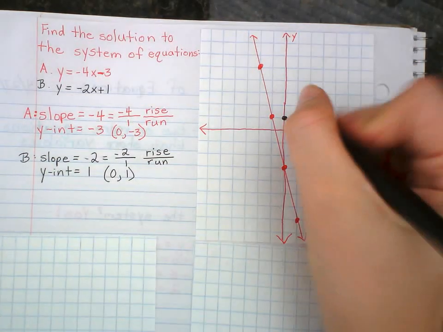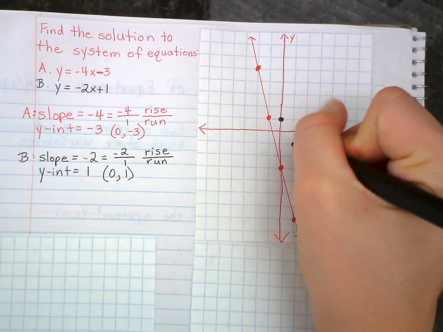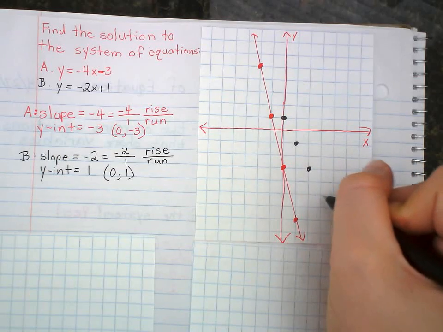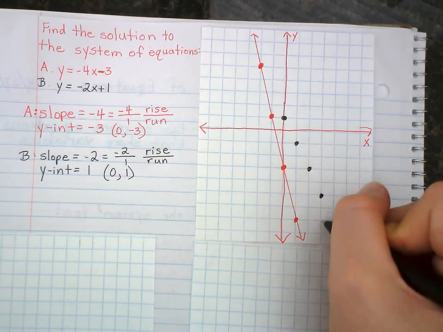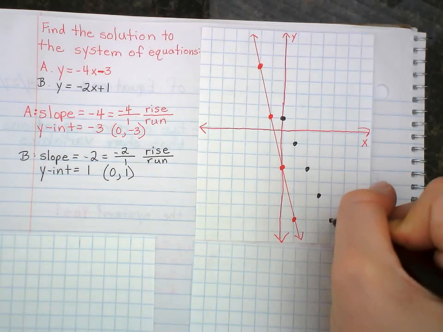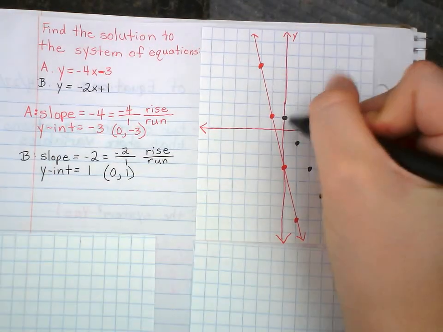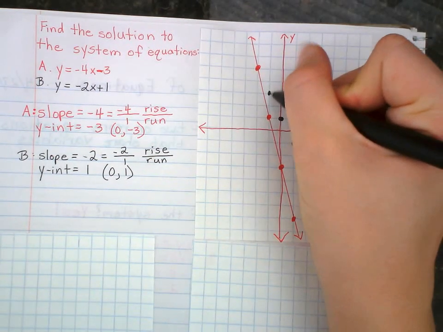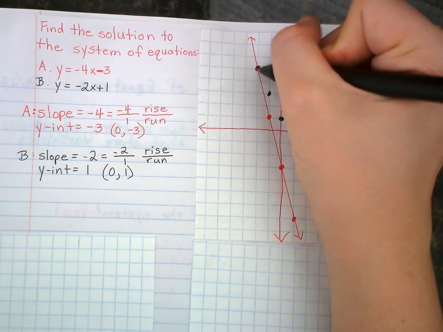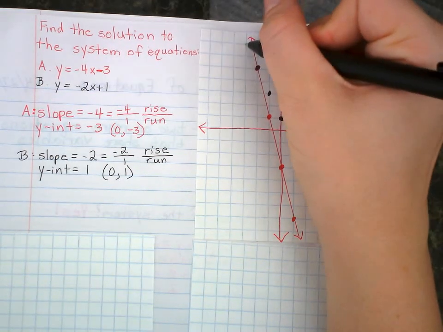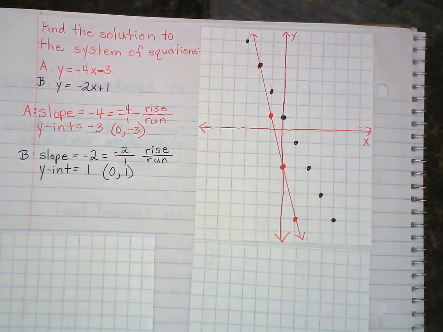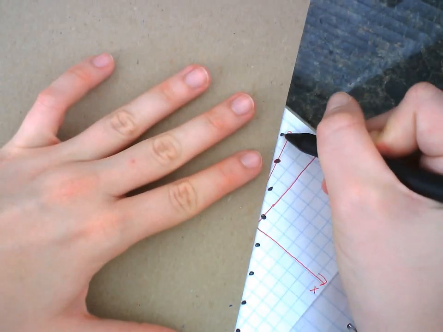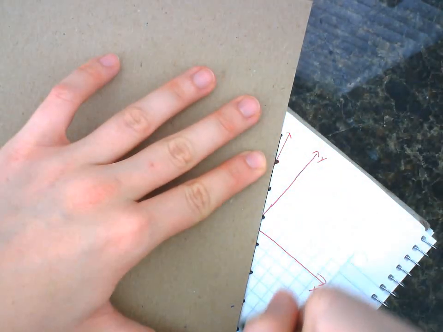Down 2, right 1, and again. If you can go down 2 and right 1, you also can go up 2, left 1. Up 2, left 1. Use your straight edge. Connect the dots.